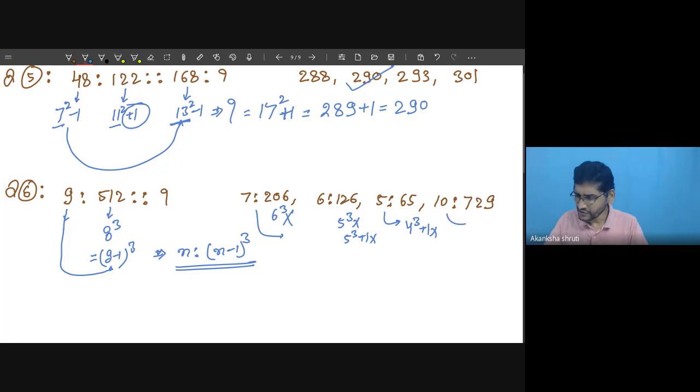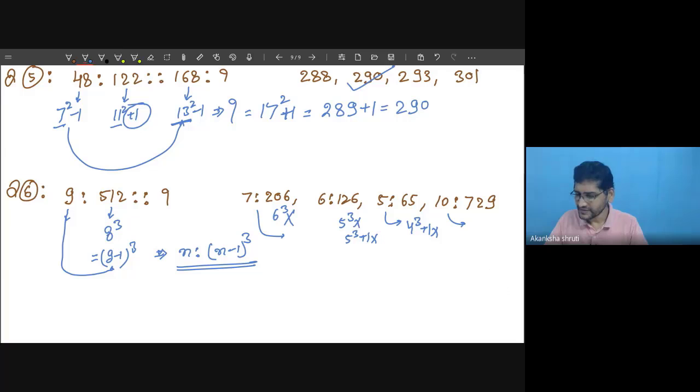But here we are observing that this is directly 9 cube. So this is 10 minus 1. So it is being followed. The correct option is 10 is to 729.